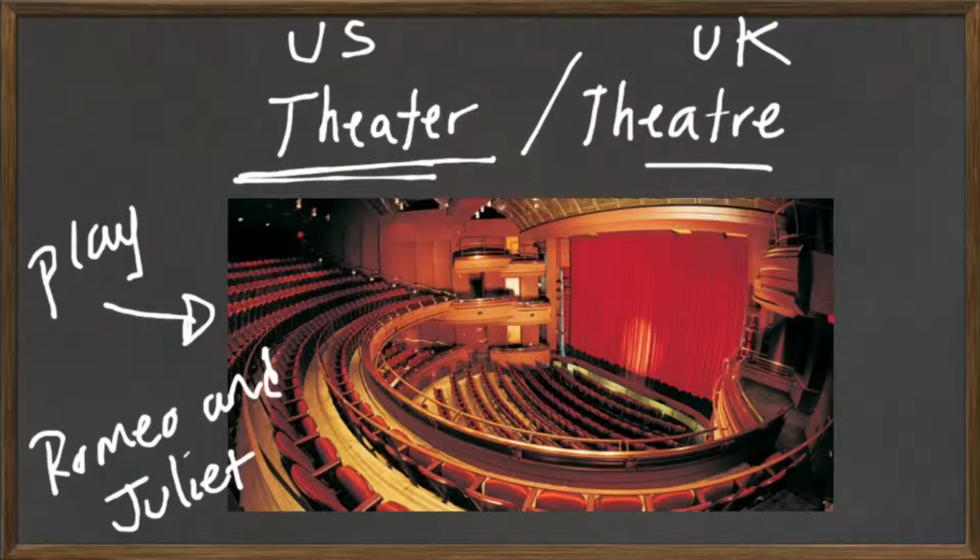The spelling and the pronunciation change when we talk about this word in the UK. Of course, you are required to use the US form if you are in America.